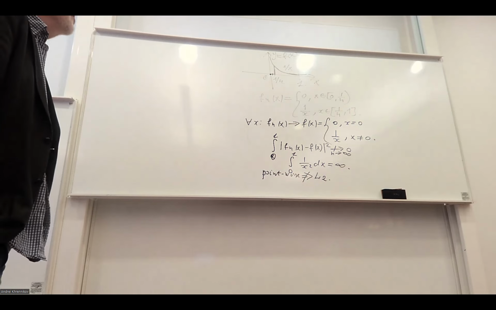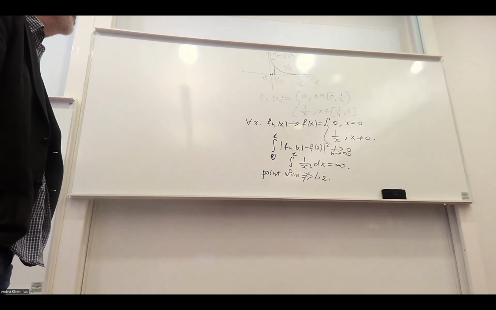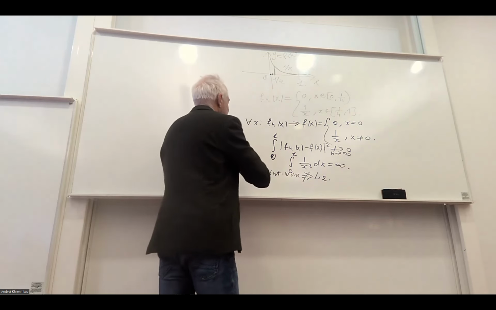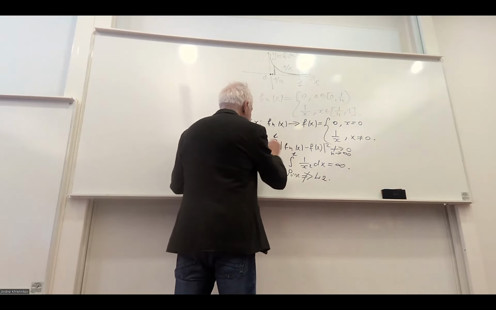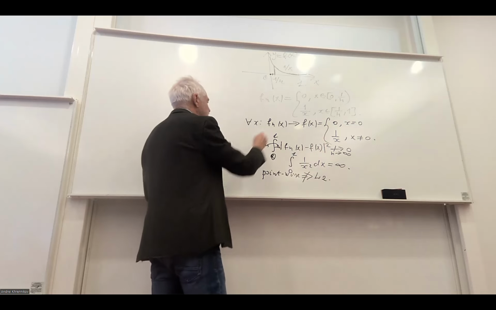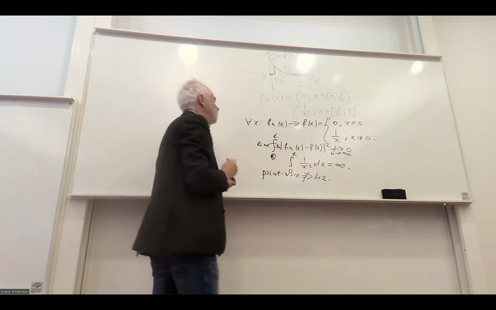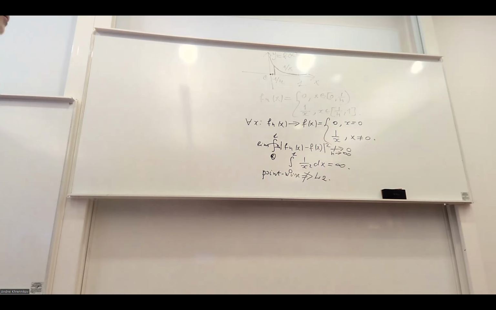If the sequence of functions is bounded and converges at every point, the Lebesgue theorem tells us that we can exchange them. We can put the limit inside, and then we will get 0. But for this sequence we cannot exchange limit and integral, because the Lebesgue theorem does not work for this sequence of functions.